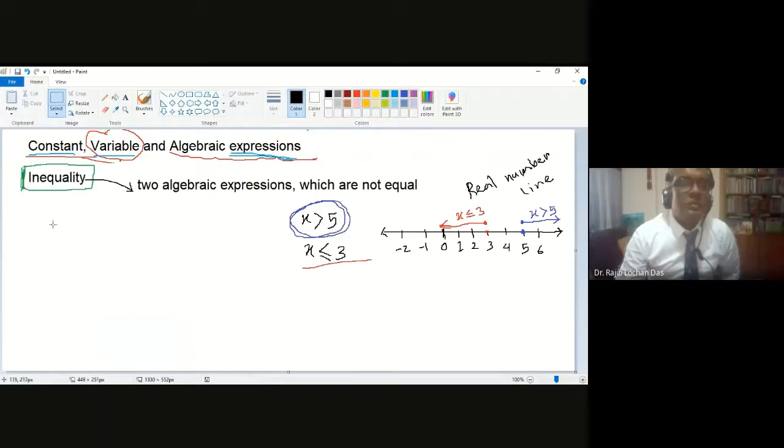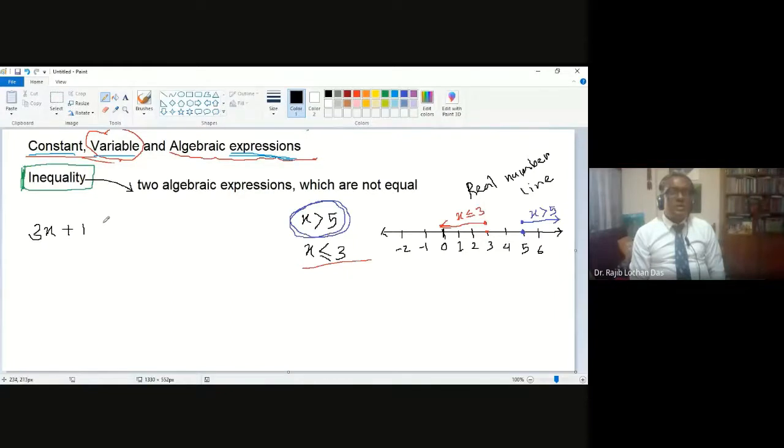So for one example problem, I'm giving you the problem like 3x plus 1 is less or equal to x plus 5.